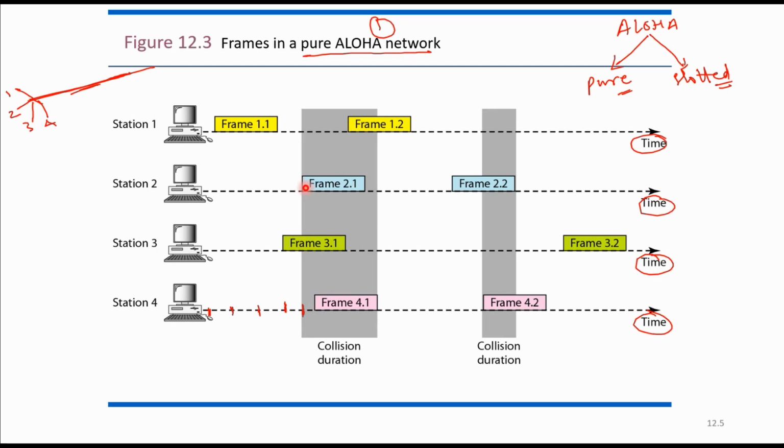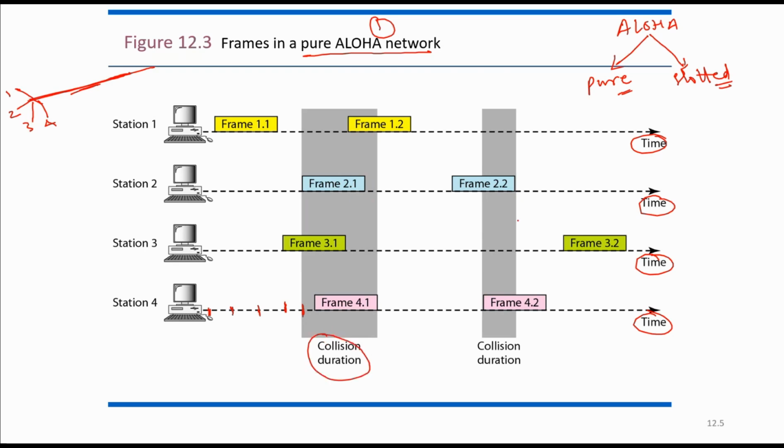After some time, three stations have data on the same channel, so there is a collision. After this, frames 1.2, 2.1 and 4.1 are colliding. So this is the possible duration of collision in pure ALOHA.